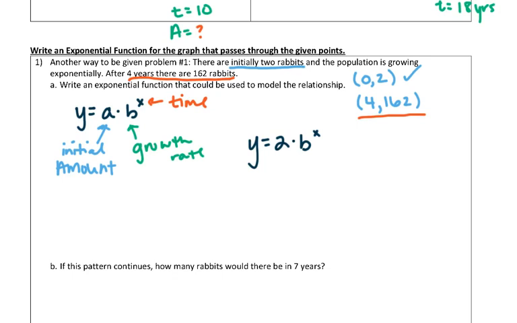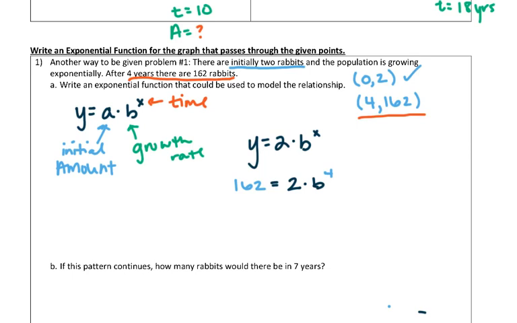So now that we have the second point, 4 comma 162, 4 is the x, 162 is the y. So we're going to plug that in in order to calculate what the b value is going to be. So our y value is 162. We don't know the b. And the x was 4.